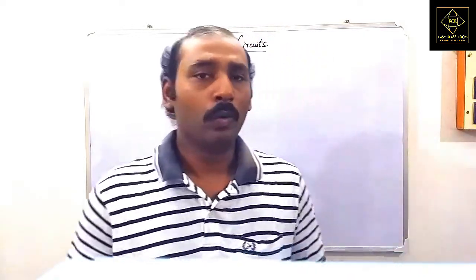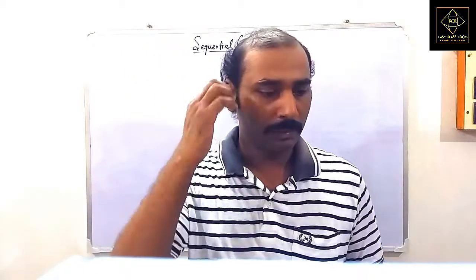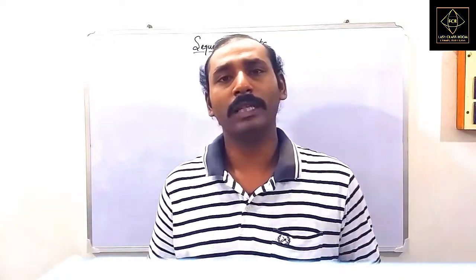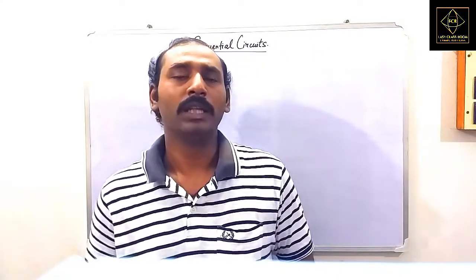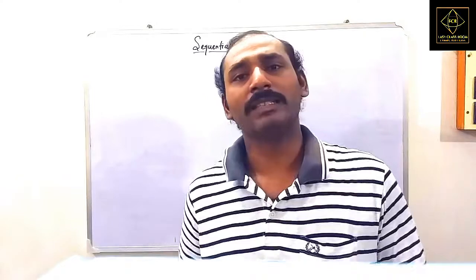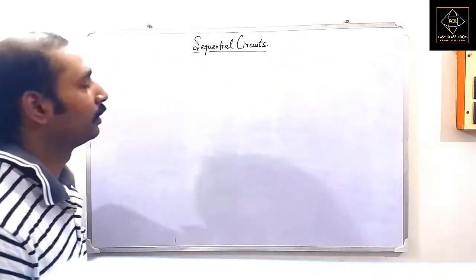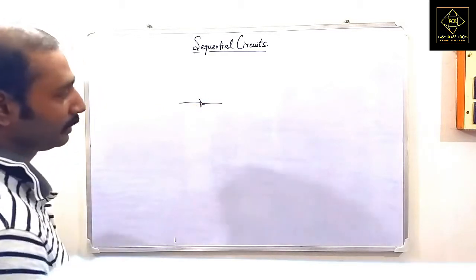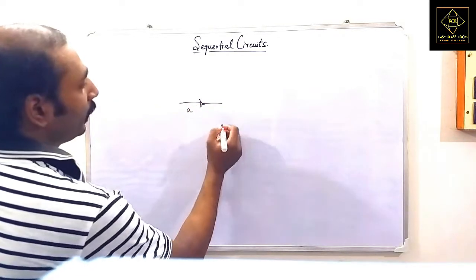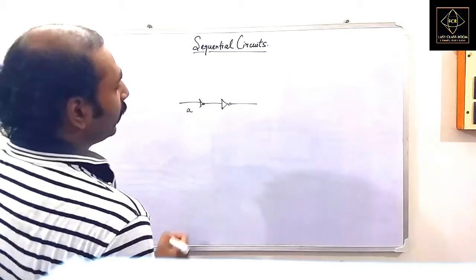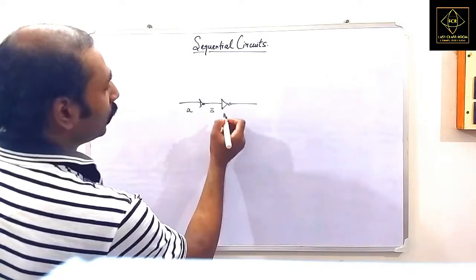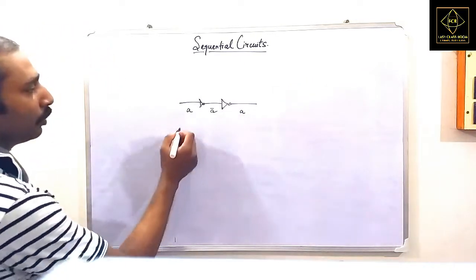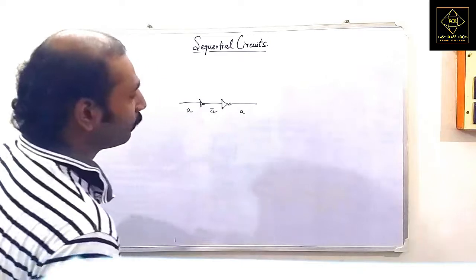Now, if we design this memory element, the simplest memory element that we can find using a NOT gate is a cascading NOT gate. If we cascade this, the output will be the same as the input.